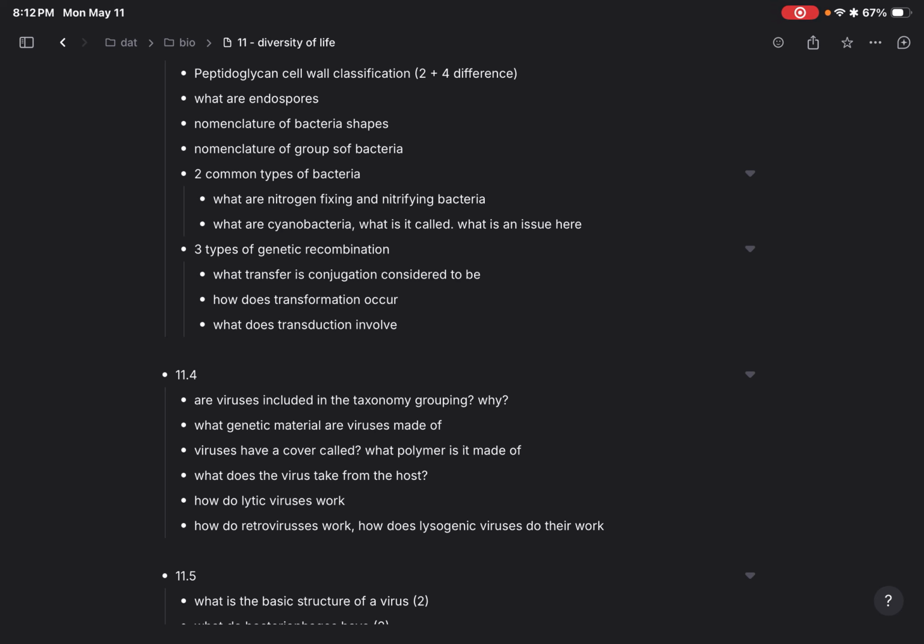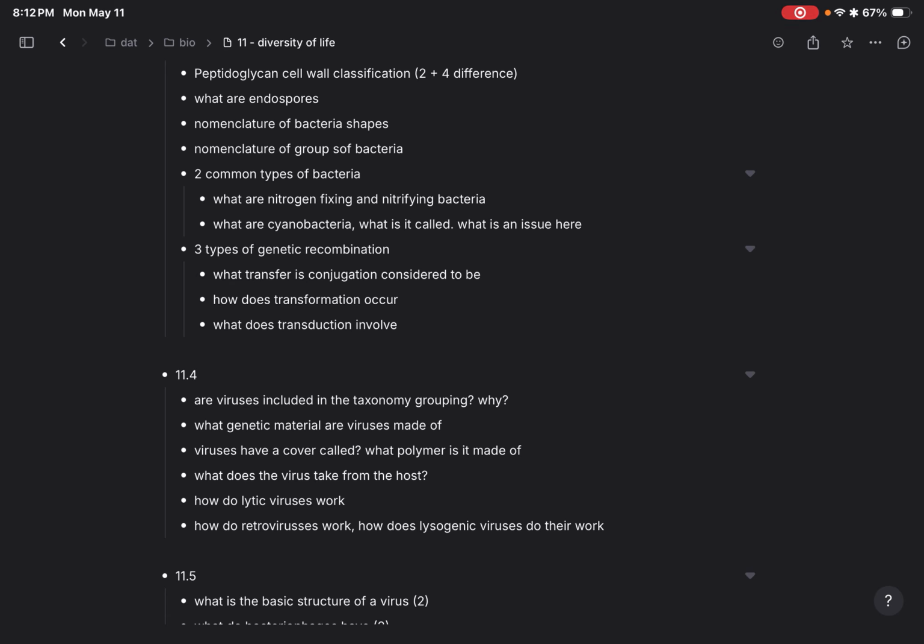Okay, then we have groups. You could group them into linear chains or into clusters. What is the name for clusters? Strepto, and then staphylo.